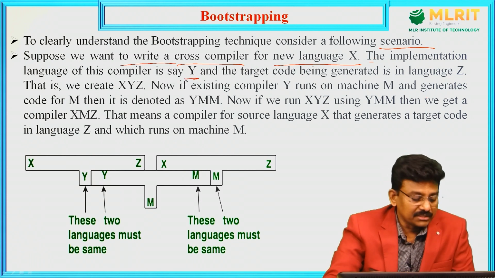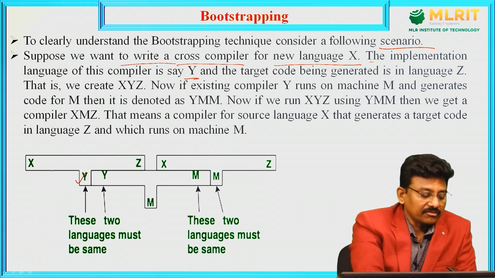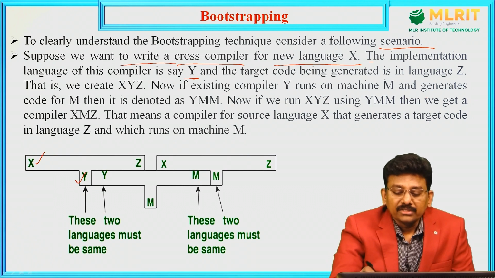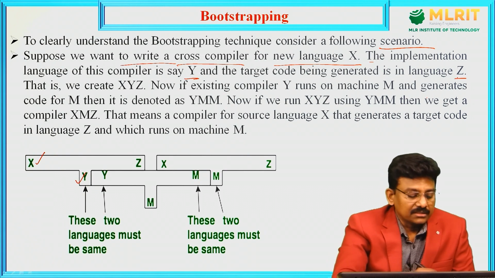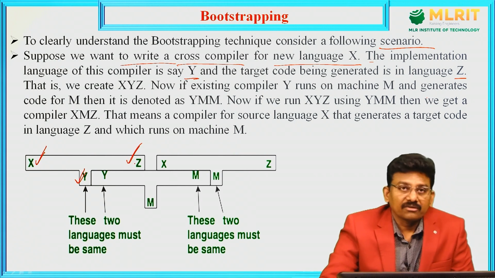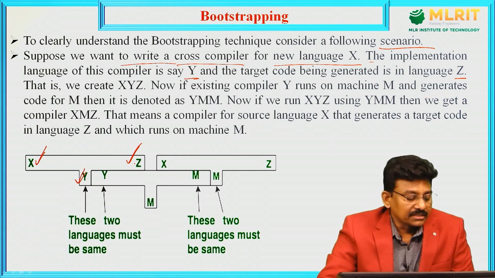The implementation language is Y. Then the target code being generated is in language Z. So the source language is X, the implementation language is Y, and the target language is Z.